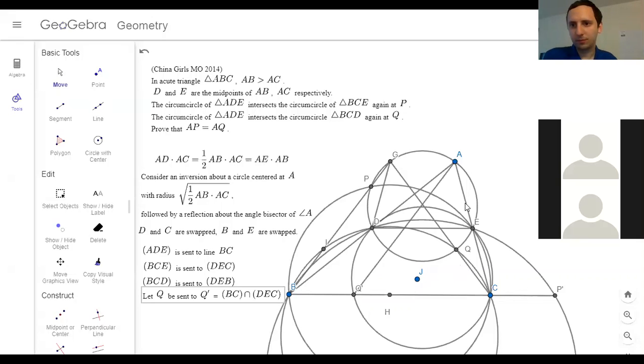Yeah, we just have to prove two angles are equal to each other. Okay. So I'm going to write. So ADQ prime is equal to P prime EA. So yeah, we have two isosceles trapezoids, right? DEQ'C is an isosceles trapezoid. DBP'E is an isosceles trapezoid.